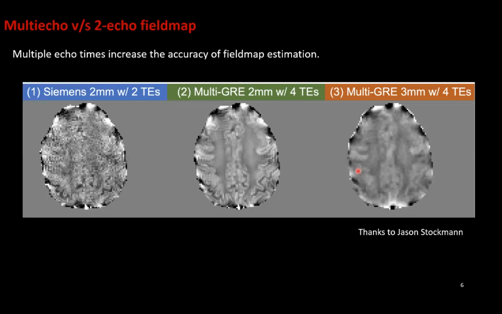You can increase the CNR between your field estimate in gray and white matter. And overall, you can see there's an improvement in SNR because you have more data that you're estimating these field maps from. So that's another way in which you might want to measure a field map in your study.